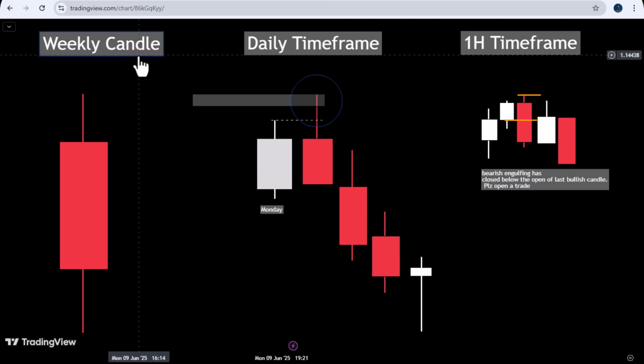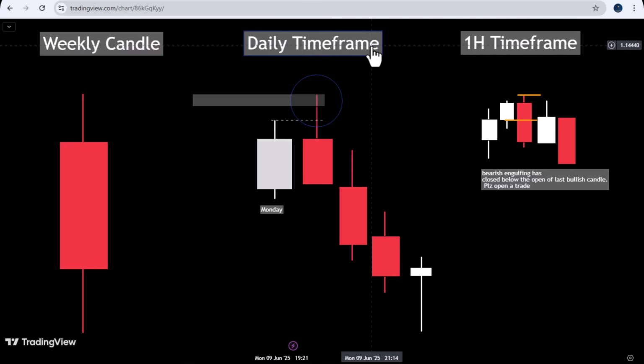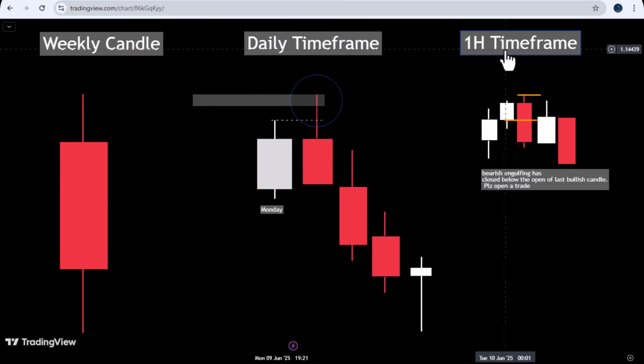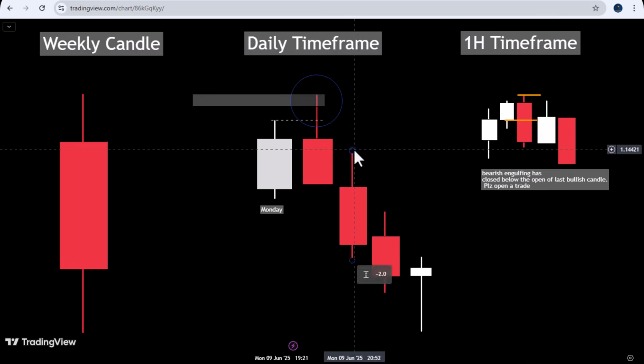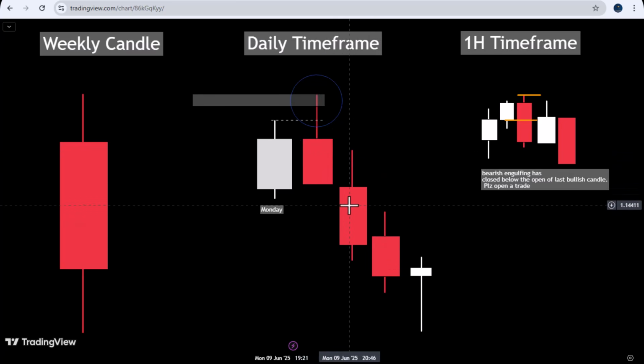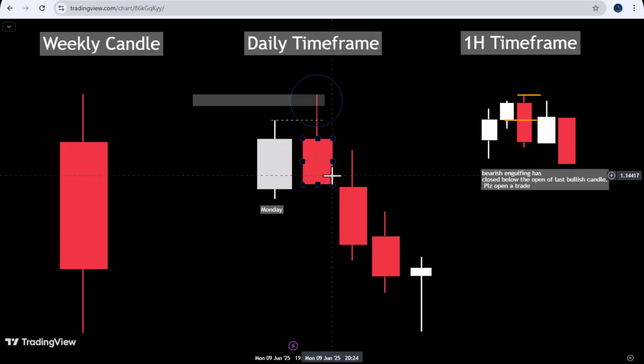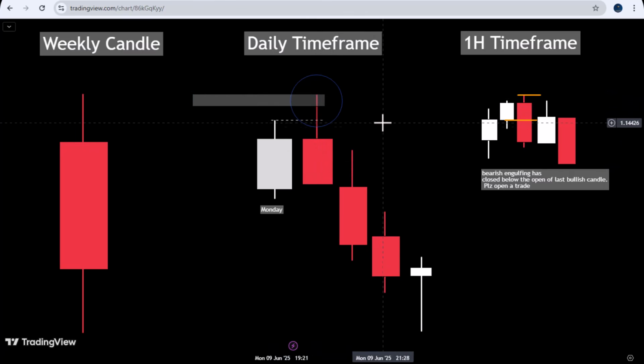Use the time frame for identifying this manipulation and the key level, and then use the 1 hour time frame to confirm your trade. Hope you understand that. Working on 4 hour, or on a daily time frame for sharper entry, is reserved for the next video.